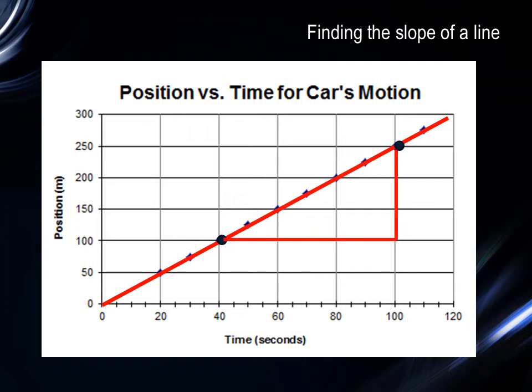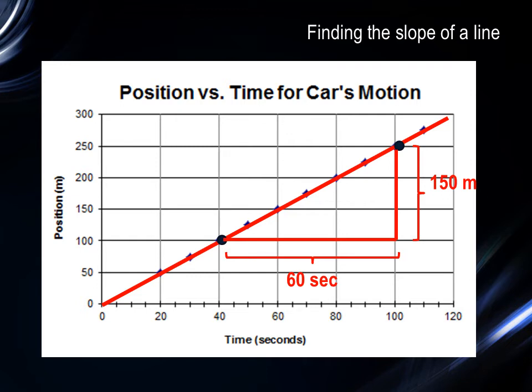Once you've got that, I make a little triangle here because I'm going to want to find out what's the change in my y value divided by what's the change in my x value here. So I'm going to subtract those two values, and for this case, my change in y turns out to be 250 minus 100, that's 150.